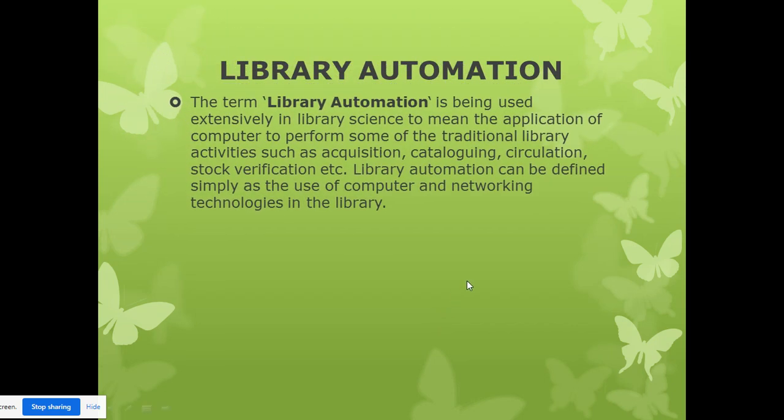The term library automation is used extensively in library science to mean the application of computers to perform some of the traditional library activities. It is an application on a computer, just like we use applications on mobiles. They are also software, and library automation is also software.